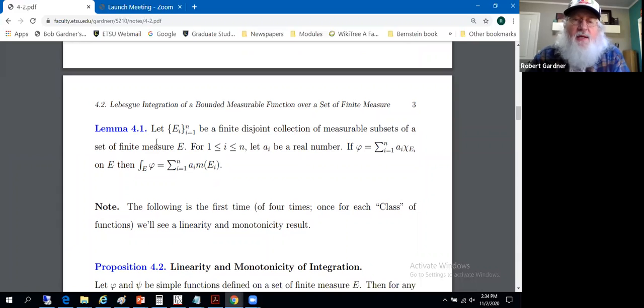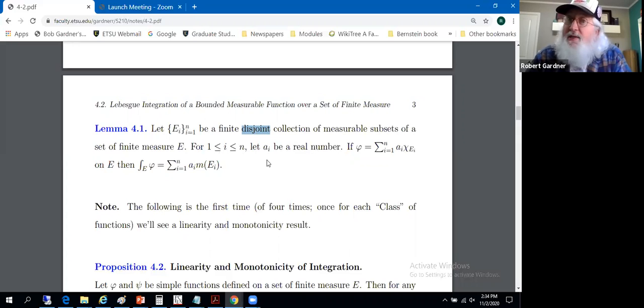Lemma 4.1 says, let E sub i, i equals 1 to n, be a finite disjoint collection of measurable subsets of a set of finite measure E. So disjoint right there is giving you a bit of information that we're about to use. For i between 1 and n, let a sub i be real numbers.